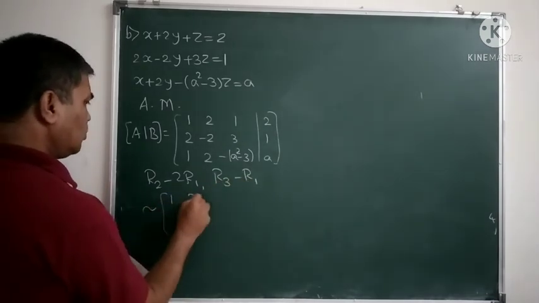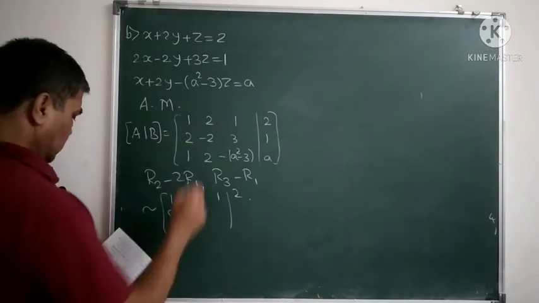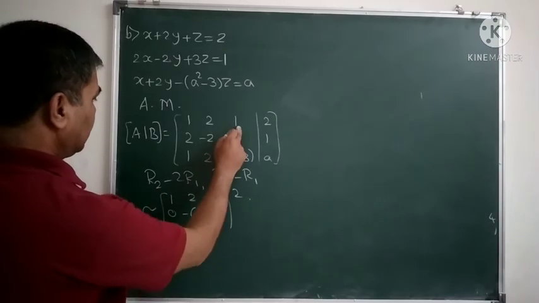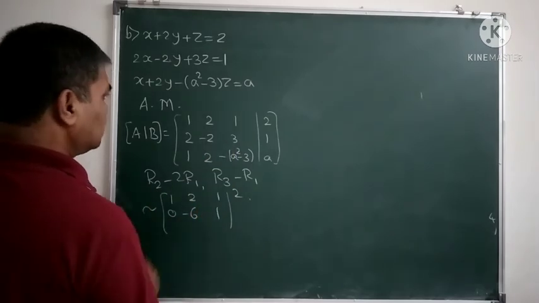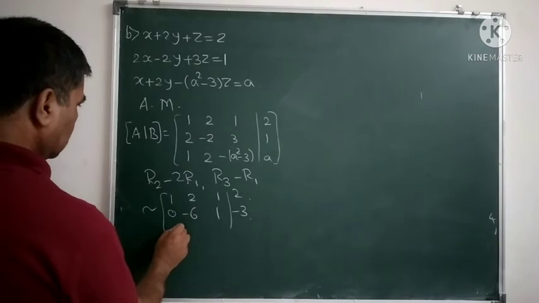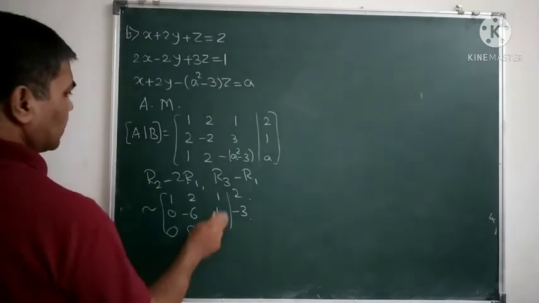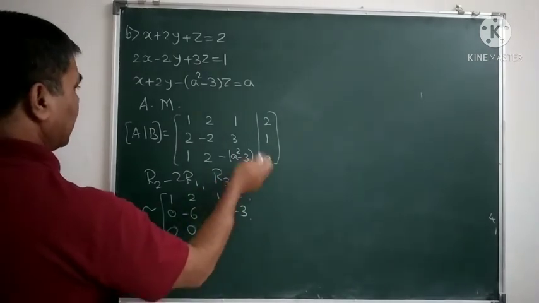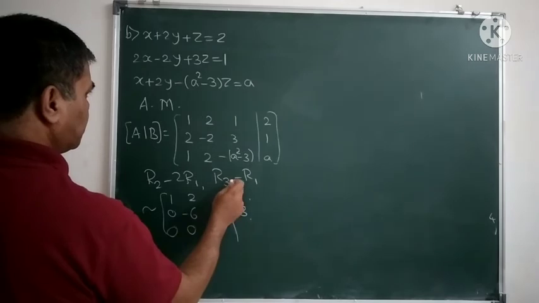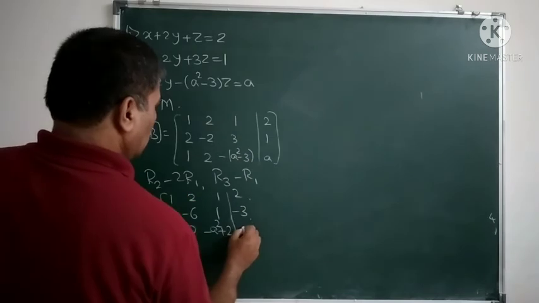This gives us 1, 2, 1, 2, then 2 minus 2 is 0, minus 2 minus 4 is minus 6, and 3 minus 2 is 1, and 1 minus 4 is minus 3, then 0, 2 minus 2 is 0, this is minus a square plus 3 minus 1, so we will get minus a square plus 2, and a minus 2.